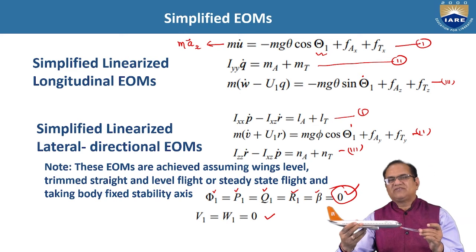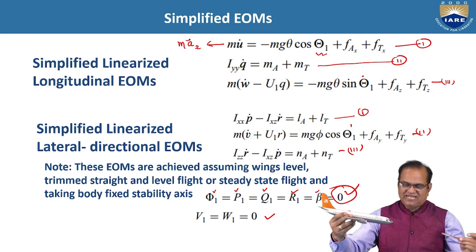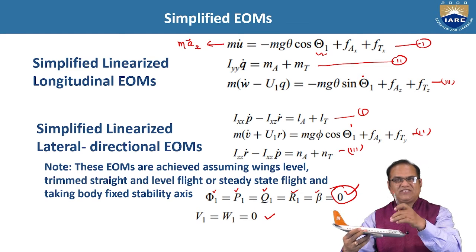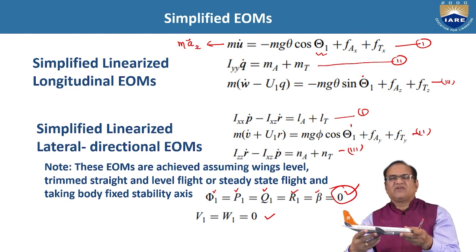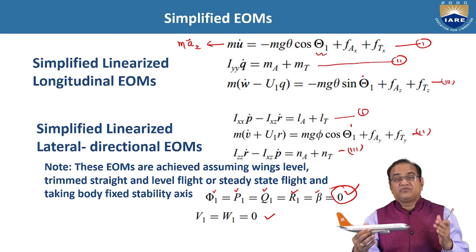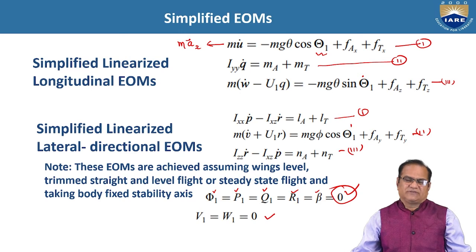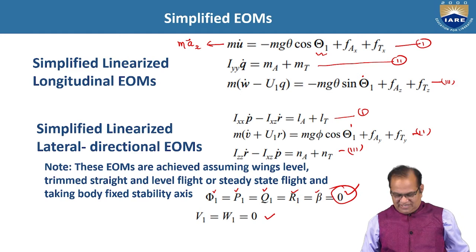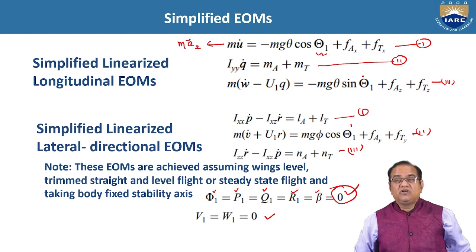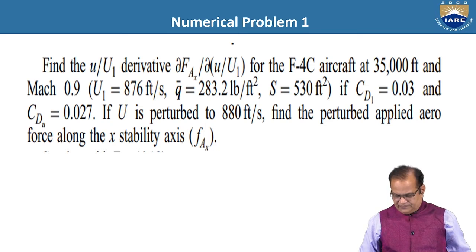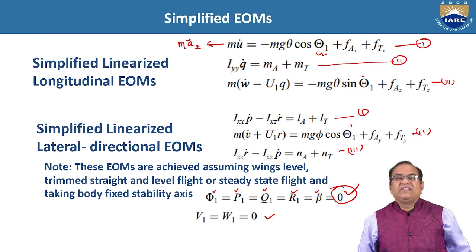So only the U velocity will be there, the velocity in the direction of the flow. The sidewise V1 and the vertical downward velocity will all be 0. This is a very good assumption, and we can see further how it is useful for solving aircraft problems.